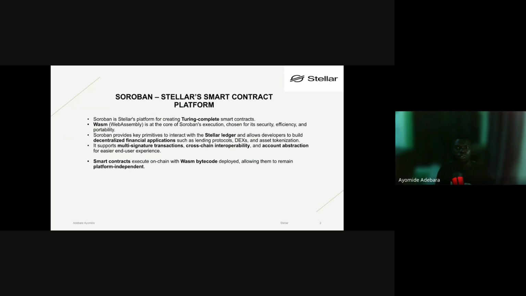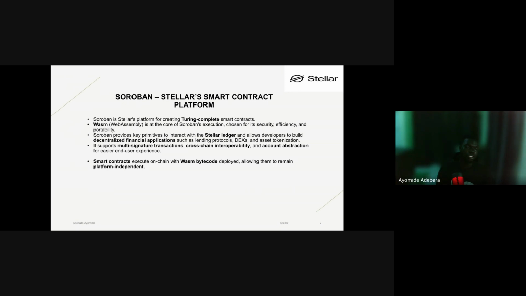And then we moved on to seeing how easy it is to build on the Stellar ledger, as building smart contracts and deploying them on the Stellar ledger gives you the capability of different things. Some of the capabilities we mentioned are building a lending protocol, DEXs, asset tokenization, and so many things.